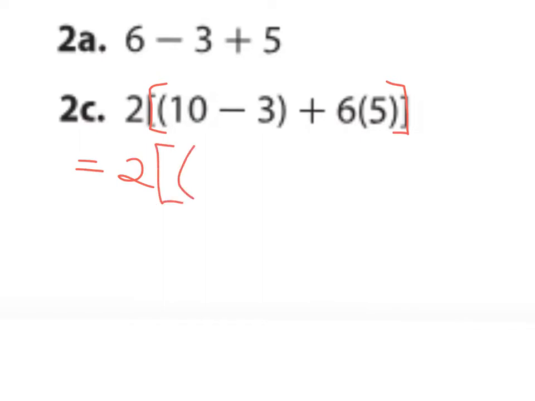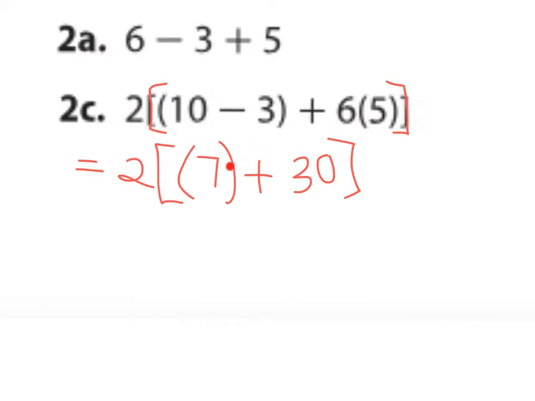Okay, I'm going to solve inside the nested parentheses first. 10 minus 3 is 7. Plus, I can go ahead now and solve one multiplication because I solved the nested parentheses first. And 6 times 5 is 30. Now, I just simply have 7 plus 30. This is not multiplication because the number's not next to it. There is an addition sign.